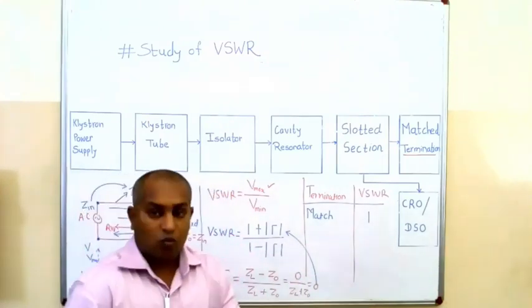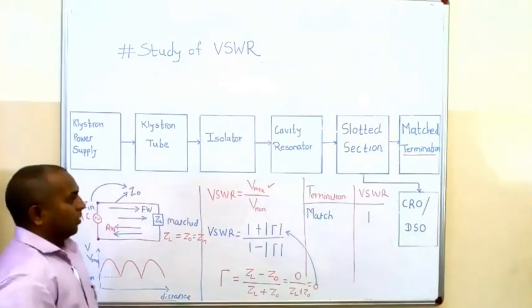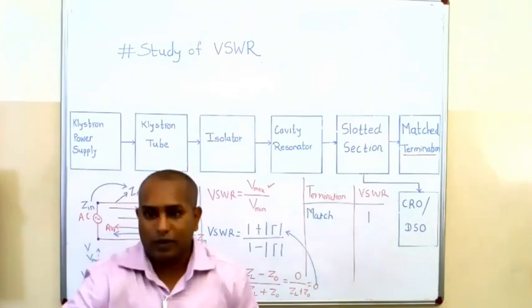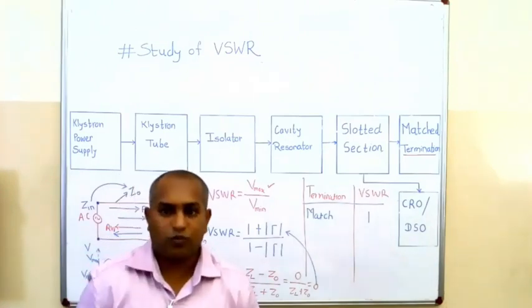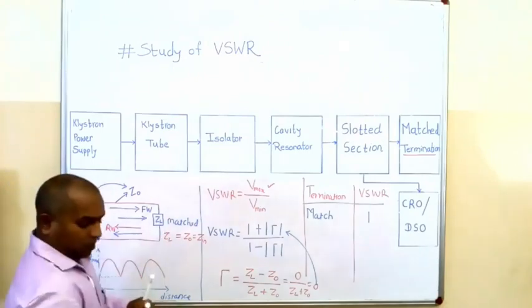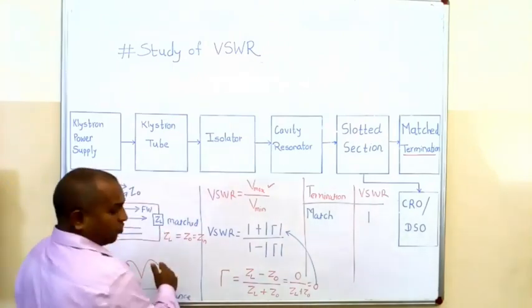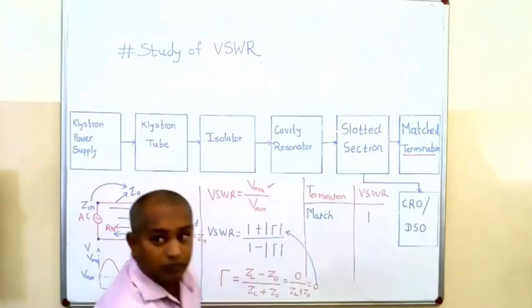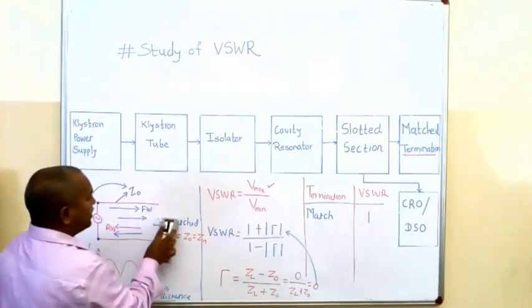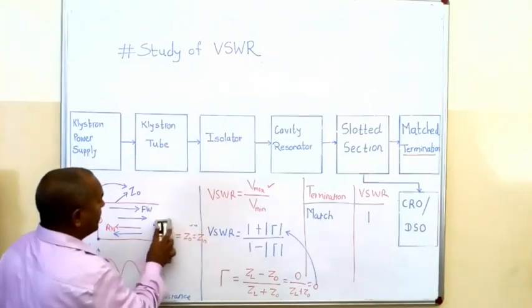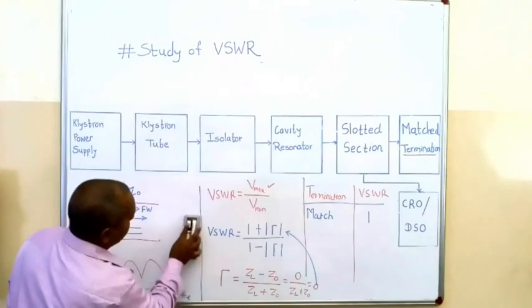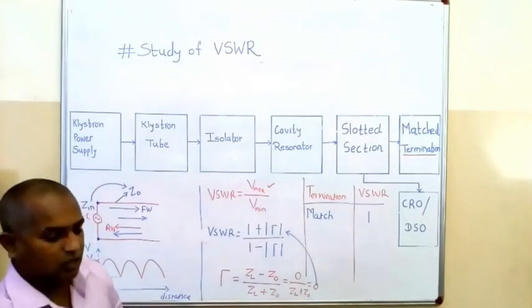Let us see what would be your VSWR for a short and open case. First of all, take an open. Keep your impedance equal to open, meaning the load is open. There is no load available across the waveguide.